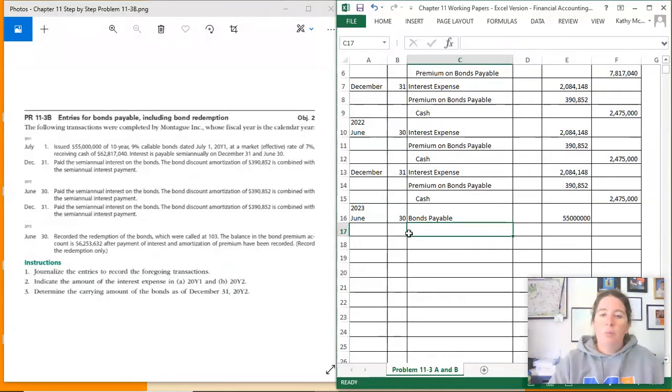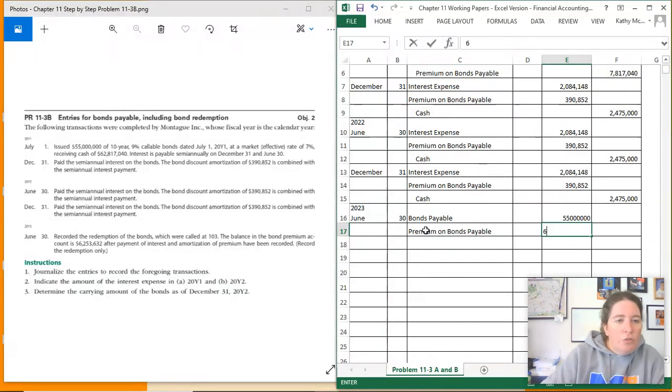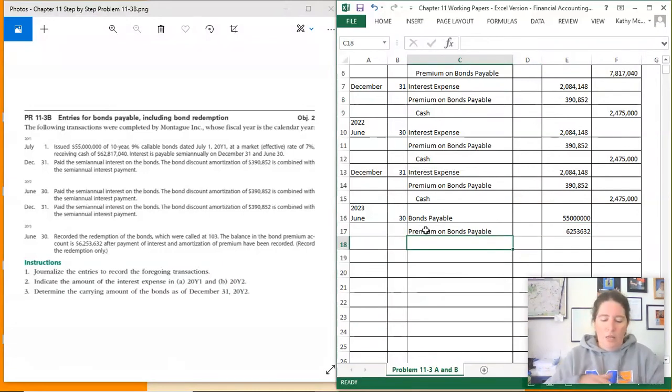Your book gave you that information instead of having you calculate it. We need to pull that amount out of that payable because we no longer owe that amount of money either. So premium on bonds payable is going to be a debit for that $6,253,632. Okay, so we have 2 debits, no credits yet.